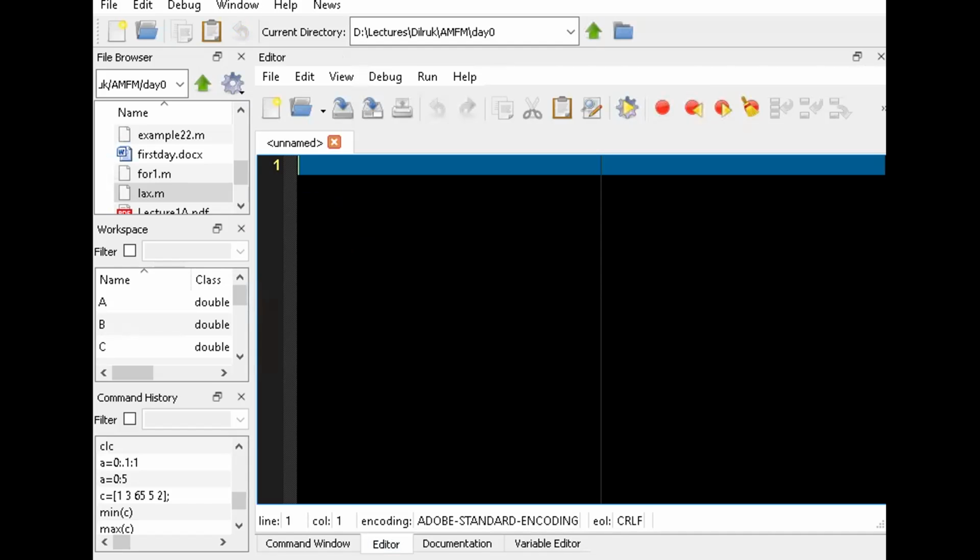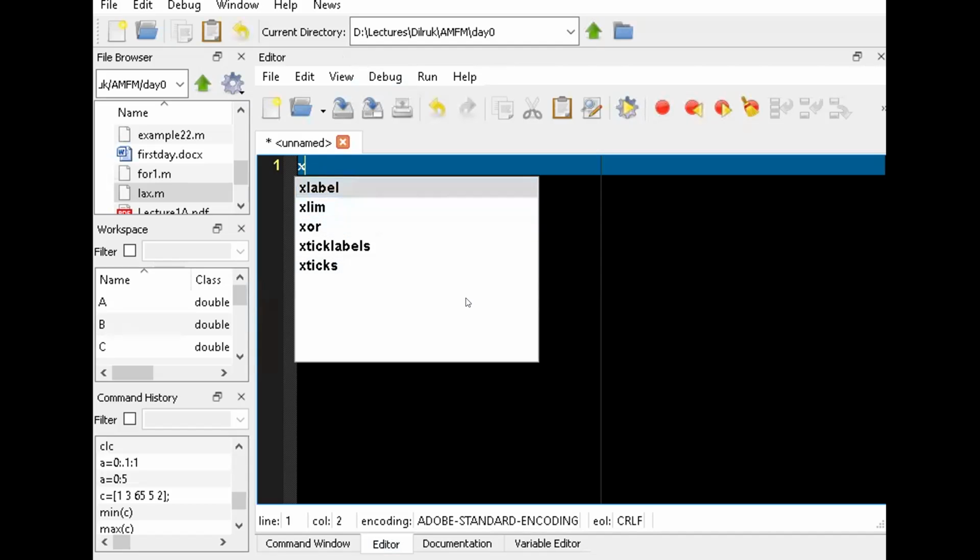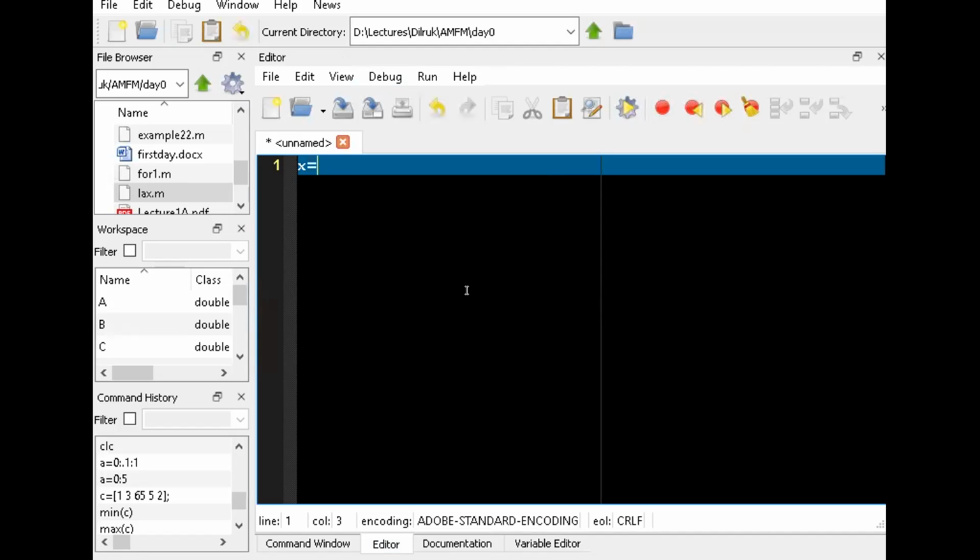So first of all, you have to discretize your independent variable. Let's take x as our independent variable, right? I want to plot a graph of sine. I will define the domain. I will discretize the domain. I'm interested in minus pi to plus pi.